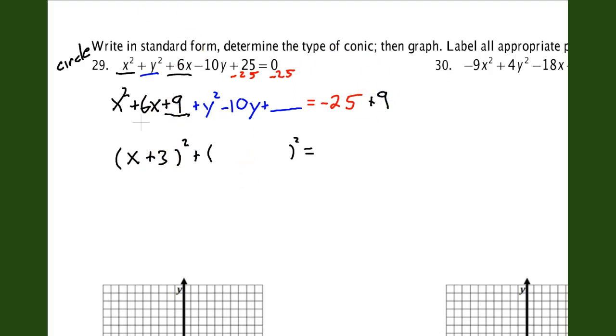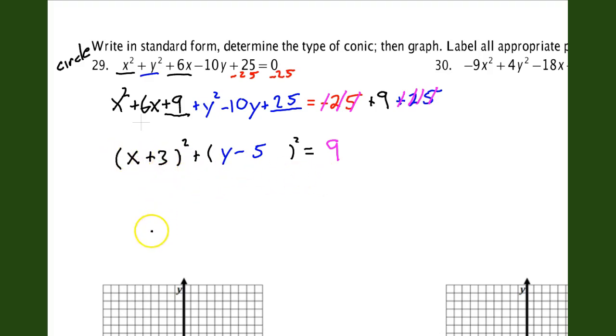And then repeat the process with y. I have negative 10, so I'm going to have y minus 5. 5 squared is 25, so I'm going to add 25 to both sides here. That will give us an answer of 9 on the right. The two 25s, the negative and the positive, cancel out. So there's my equation of a circle.